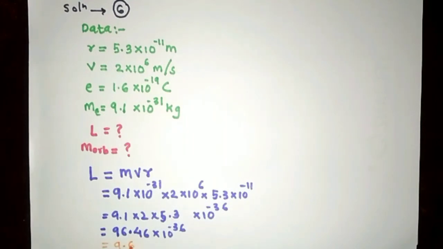Finally it can be written as 9.65 into 10 raised to, as I have shifted the point towards the left, the power increases by plus 1, so minus 36 plus 1 will be 10 raised to minus 35. As it is angular momentum and we have MVR, the unit is kilogram meter square per second.